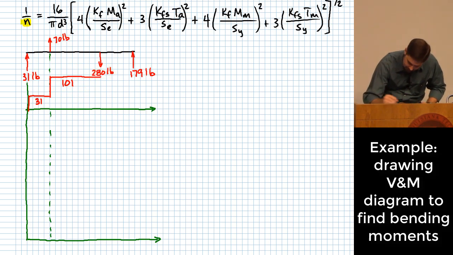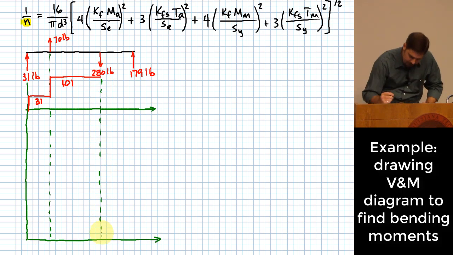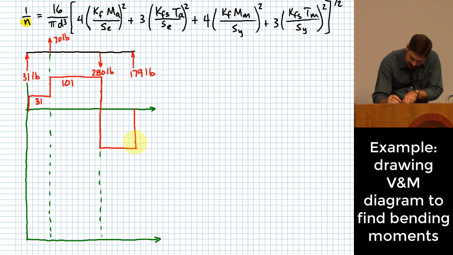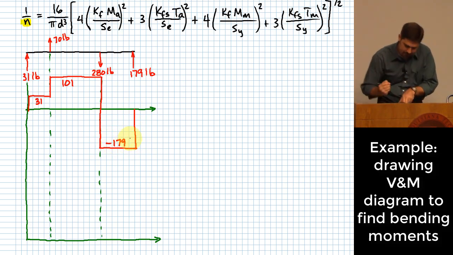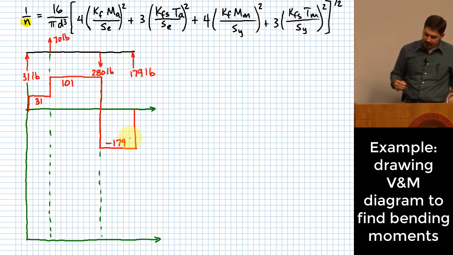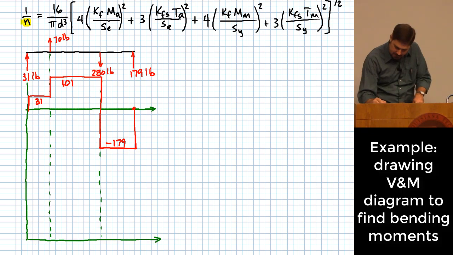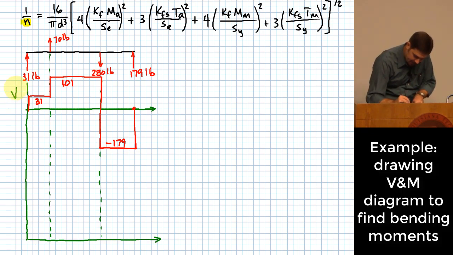Okay, and then it drops by 280. Which should take you down to negative 179. And then back up to 0 here. Okay, so this is my shearing diagram, and that's going to be in pounds.